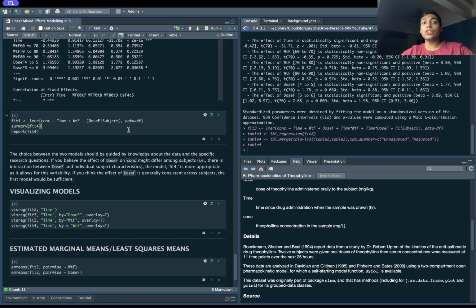For example, if each individual processes different doses differently, it might make a difference.